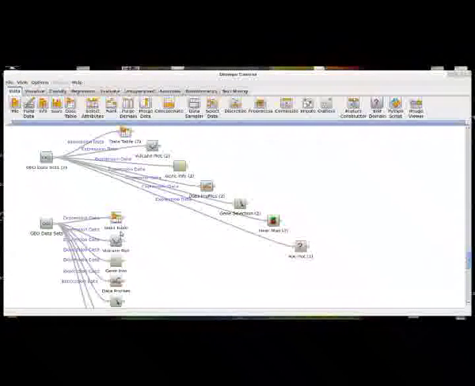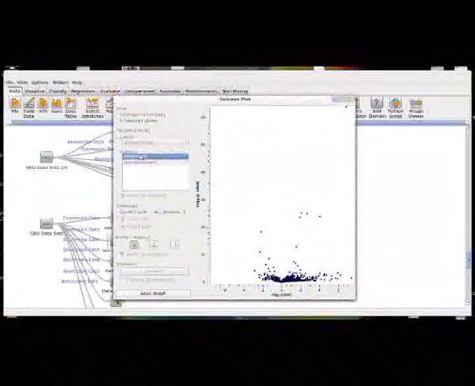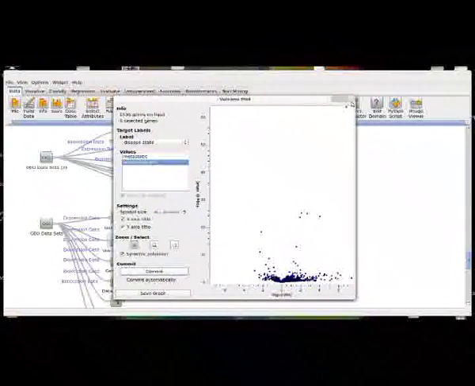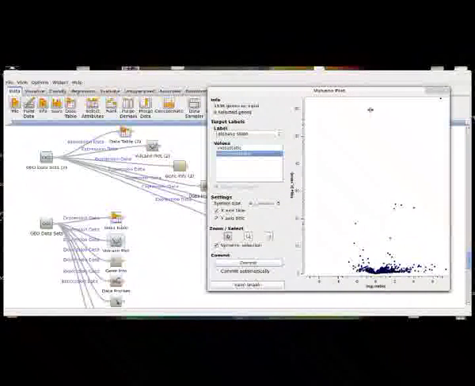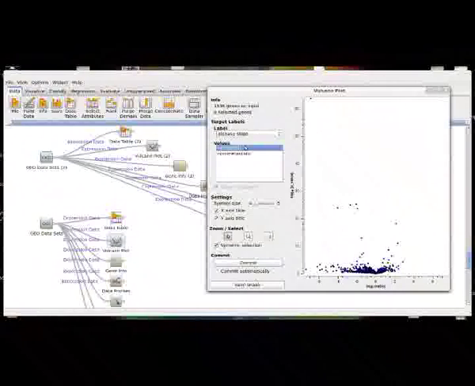But this is an example of how we can, straight out of the box, from getting our data input, use this bioinformatic widget to determine some statistics, to visualize our data in different ways and possibly look for some interesting things of statistical significance.